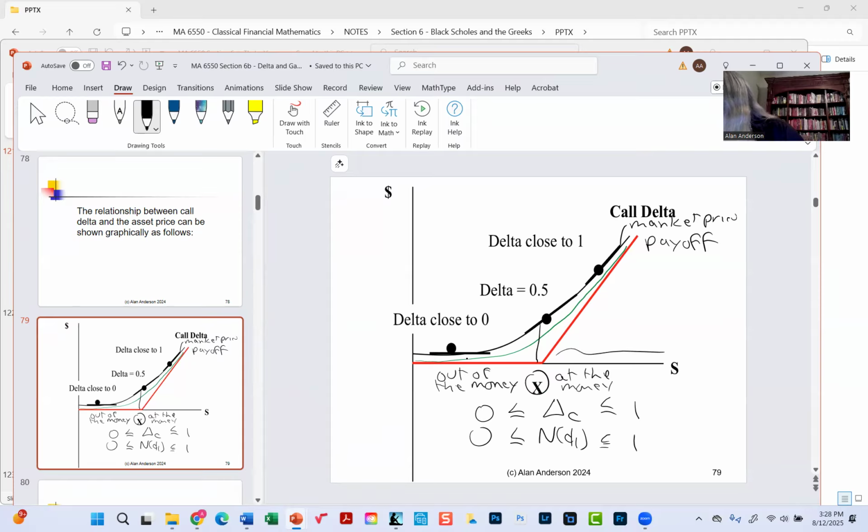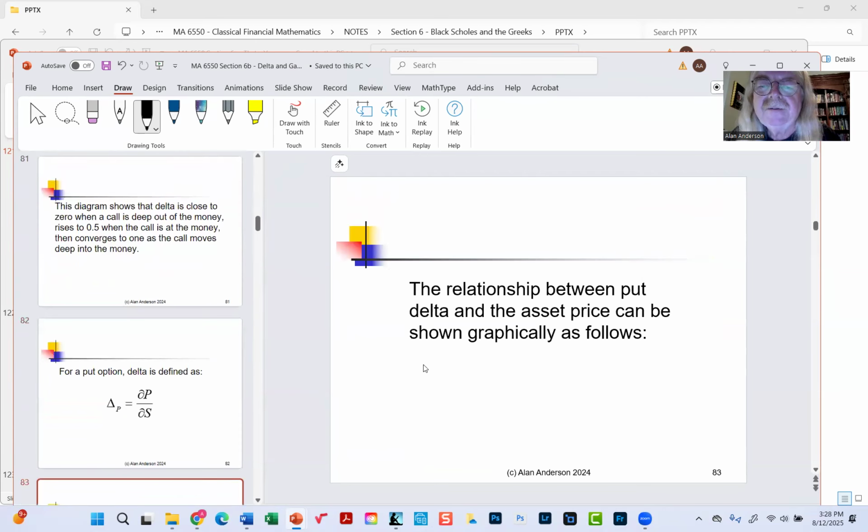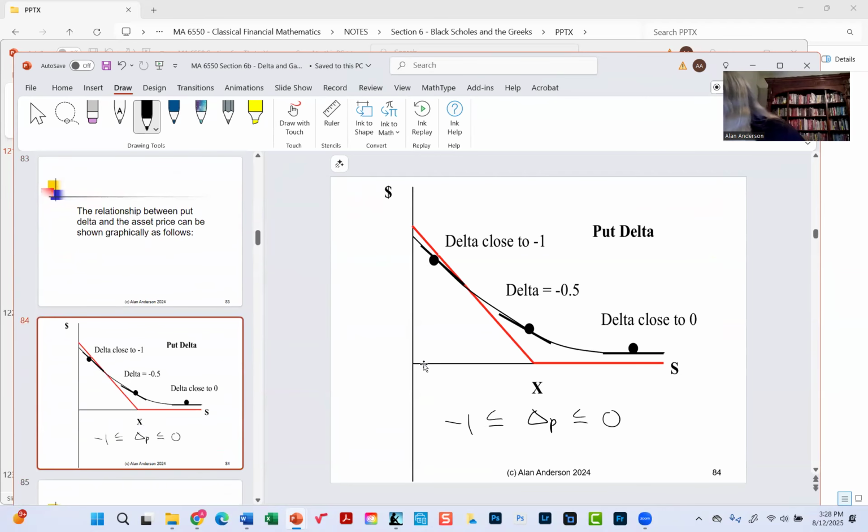And out here, we're in the money, which means if we exercise the option, we'll have a positive payoff. And of course, that works in reverse for the put. Here, this part doesn't change: at the money. All this section here represents being out of the money. And then down here we're in the money.